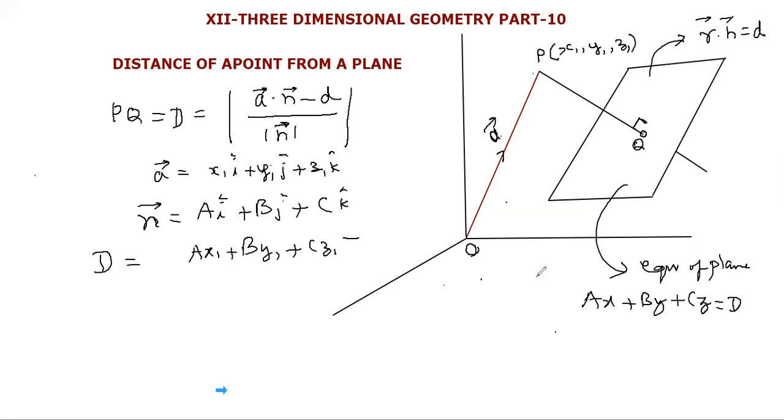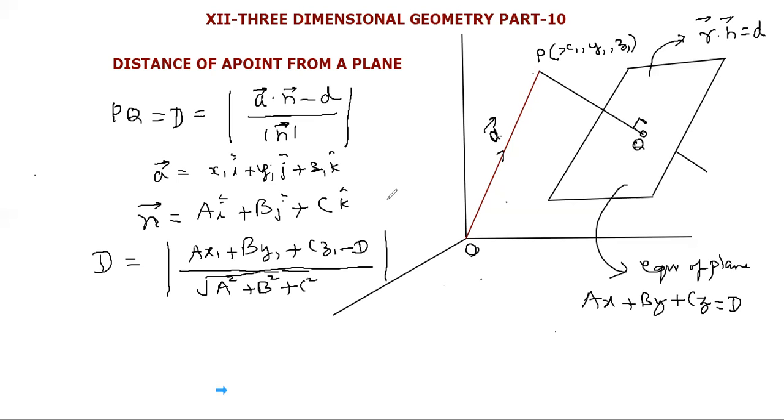If this d is considered, because here capital D we are taking, so this will be d under the root a square plus b square plus c square, and absolute value of this one. Got it? We can write properly here minus d.